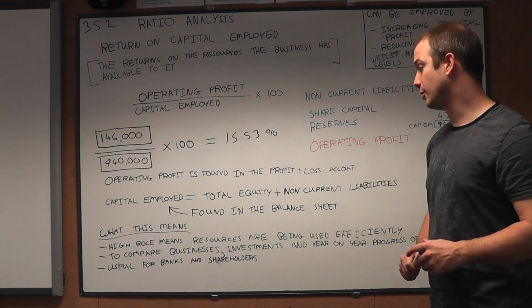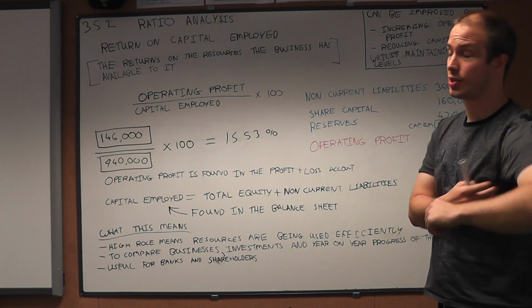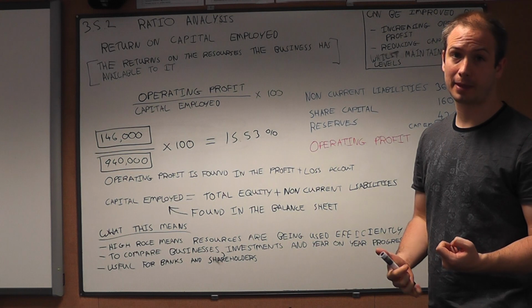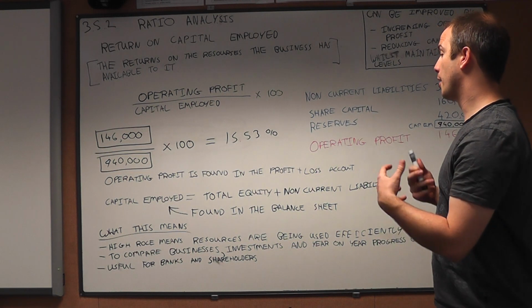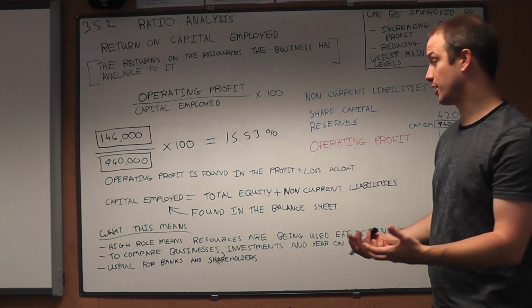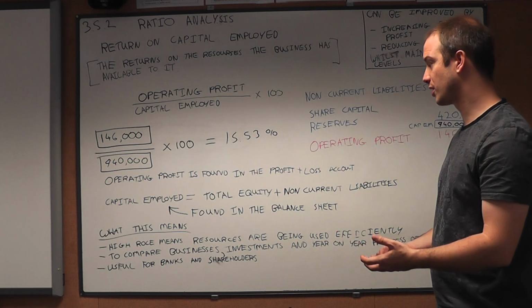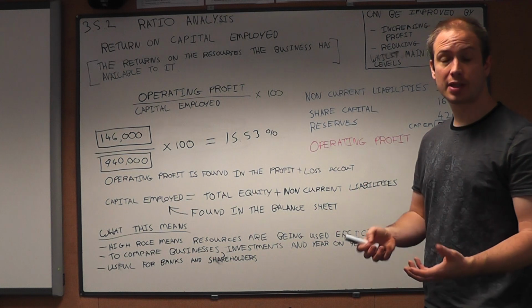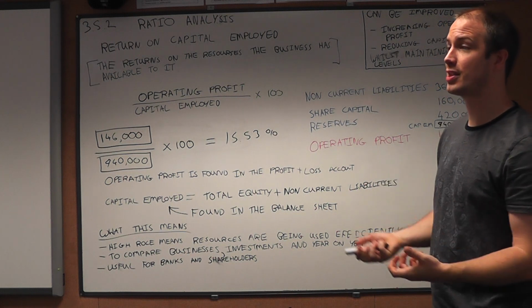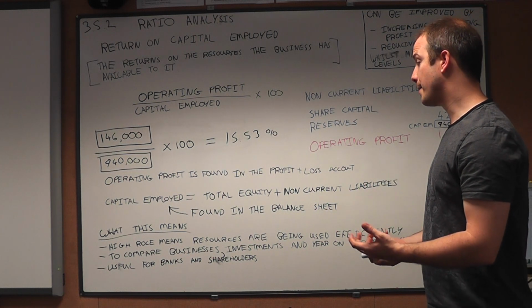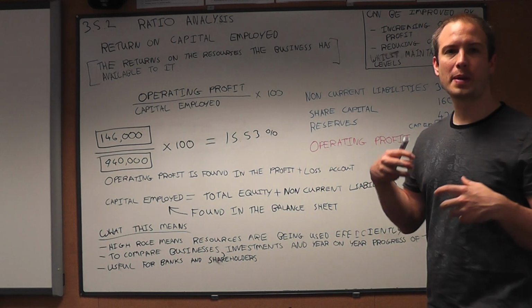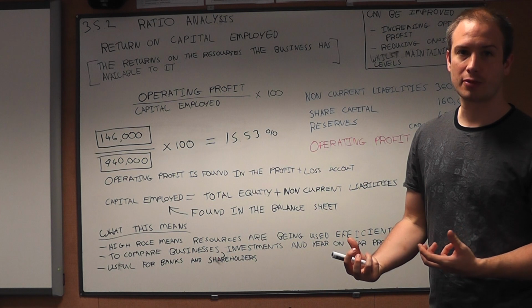Okay, so what other things does this mean? The other thing is that it's useful for banks and shareholders. The shareholders, as mentioned, can compare the return on capital employed statistics to see whether an investment is a good venture or not. Alternatively, it may be good for banks because if they can see that a business has a high return on capital employed, it means that they will be more likely to be able to repay their loans.